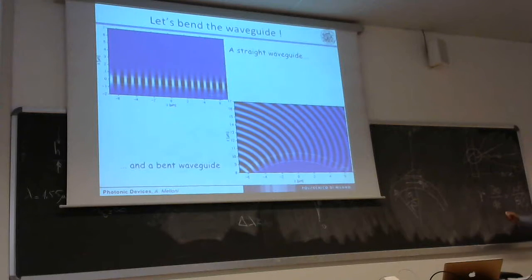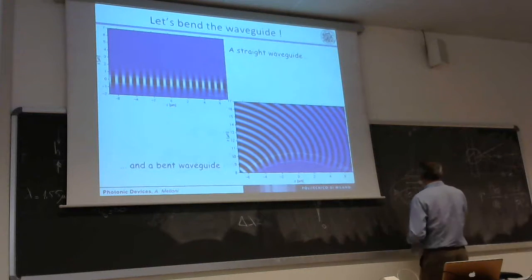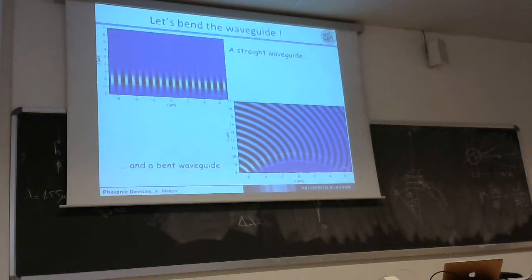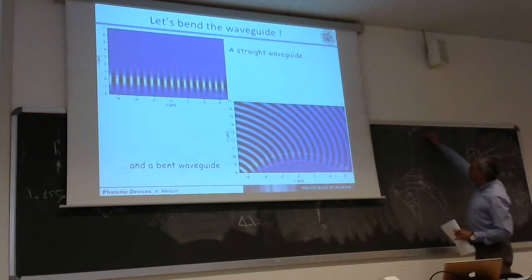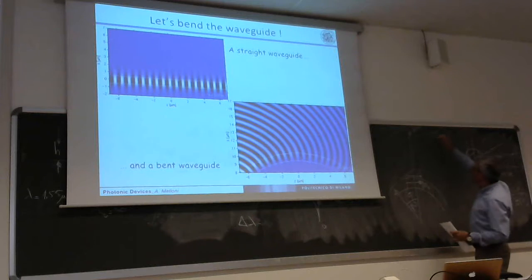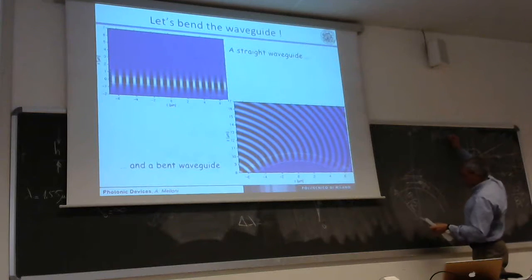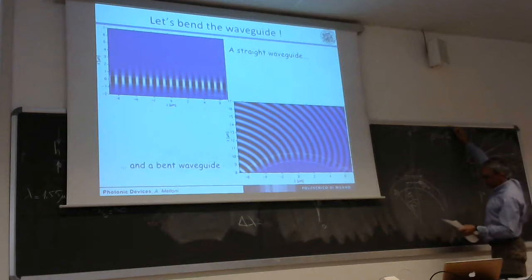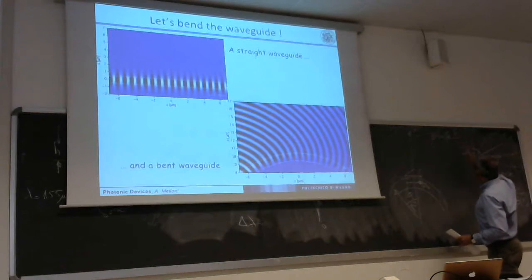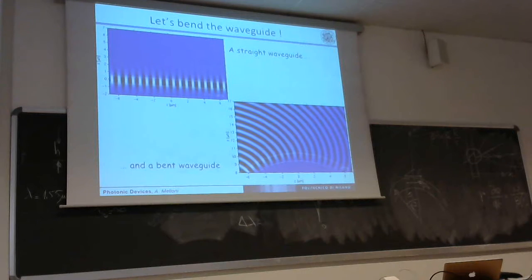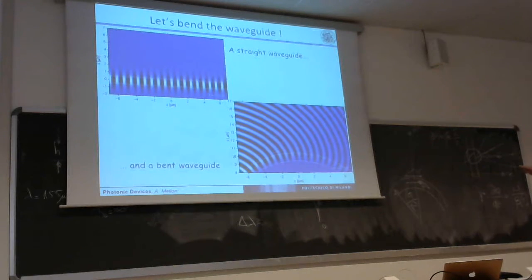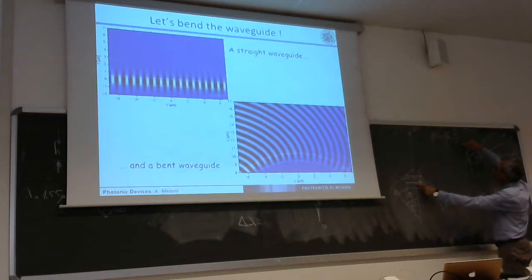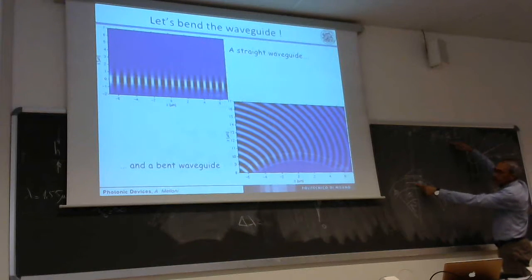So if we call beta 0 the beta inside the core, the beta along this axis is just beta inside the core multiplied by R divided by the position. Obviously, when the position is in the core, this simplifies and beta is equal to beta 0.